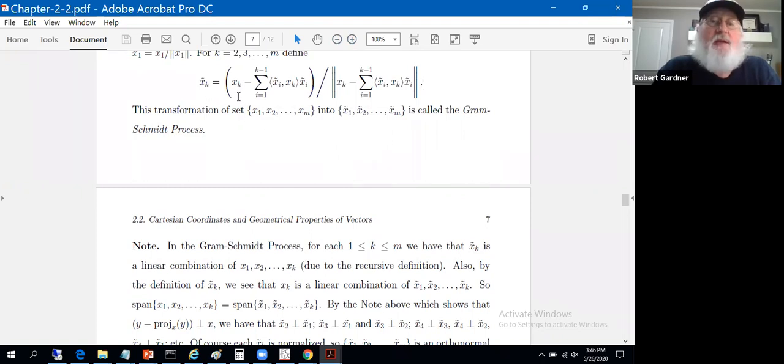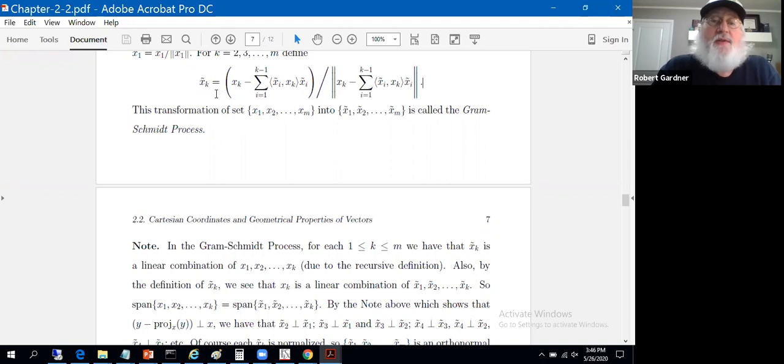x sub k tilde involves x sub k. x sub 1 tilde involves x sub 1. It's up here. x sub 2 tilde involves x sub 2 and x sub 1. x sub 3 tilde involves x sub 1 tilde, x sub 2 tilde.